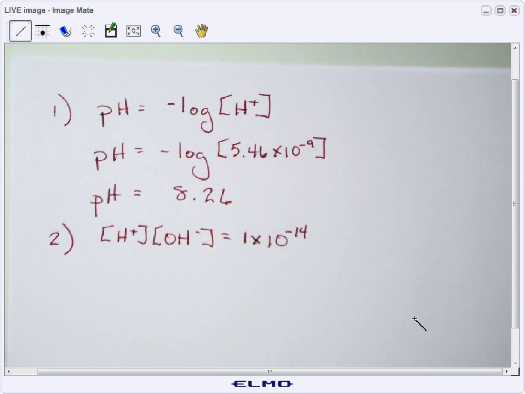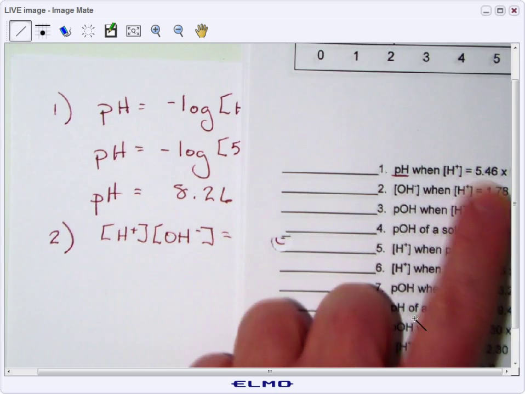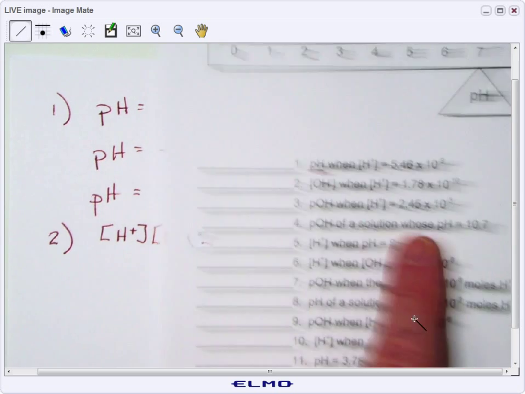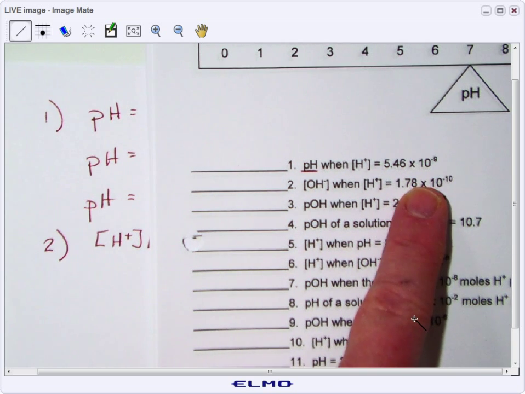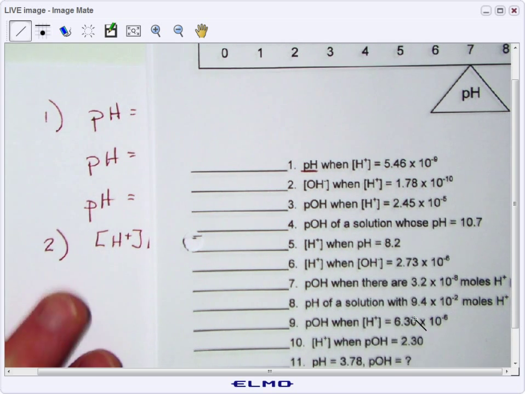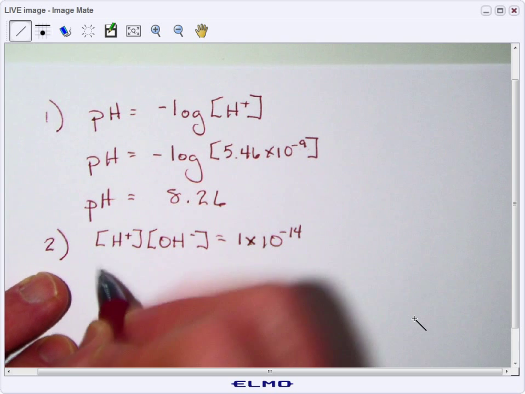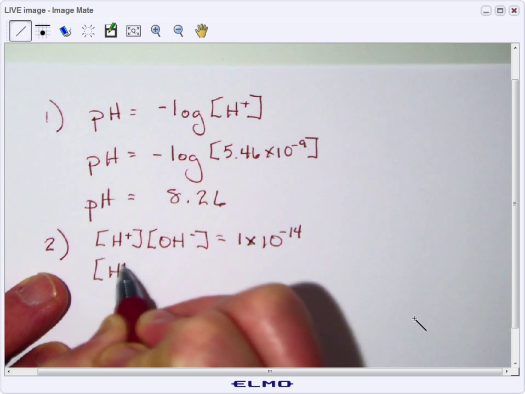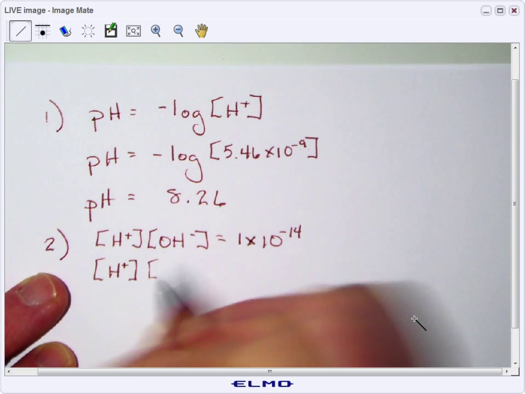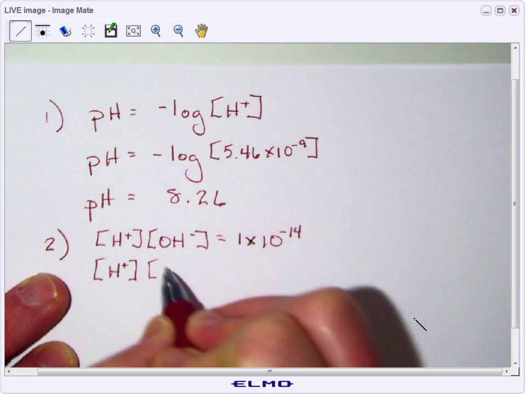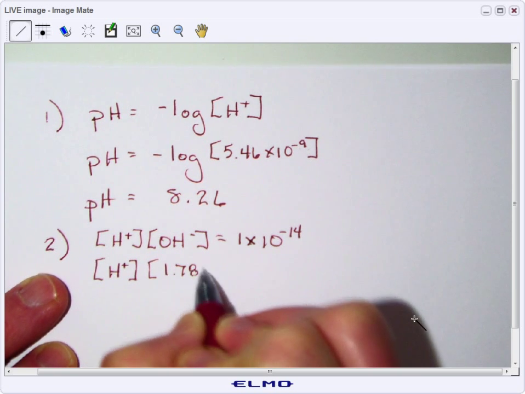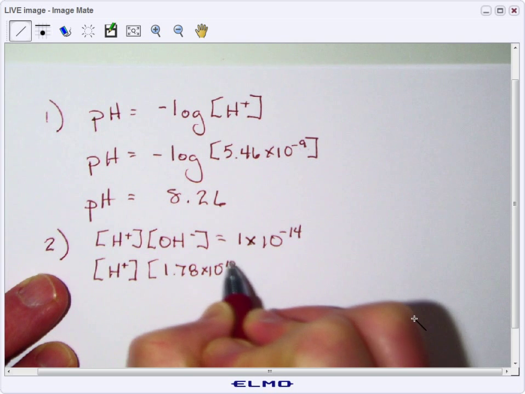So, we look at our worksheet. It told me the H plus was 1.78 times 10 to the negative 10. So we're trying to find our H plus when our OH is 1.78 times 10 to the negative 10.